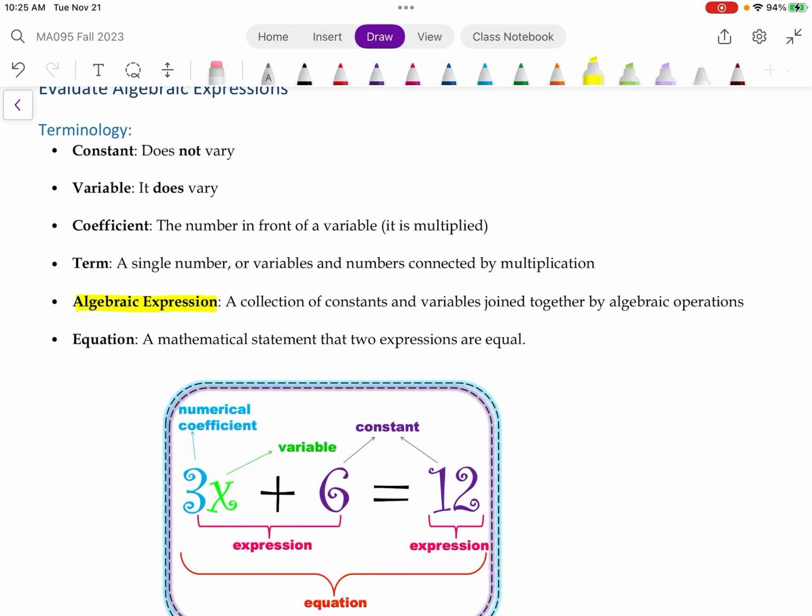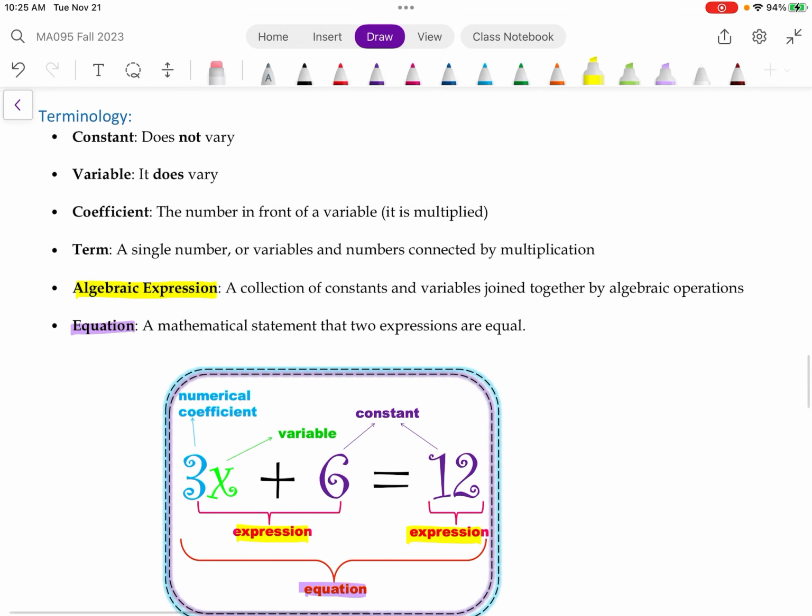An equation is two expressions set equal to each other. Make sure you understand the difference between a coefficient, a variable, and a constant. An expression, one more time, does not have an equal sign. An equation does.